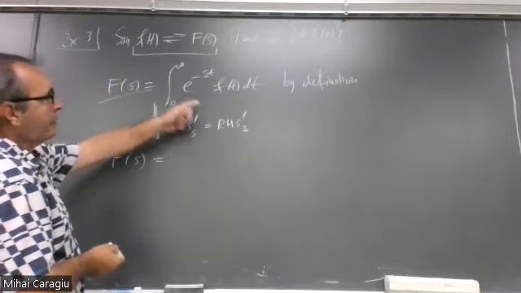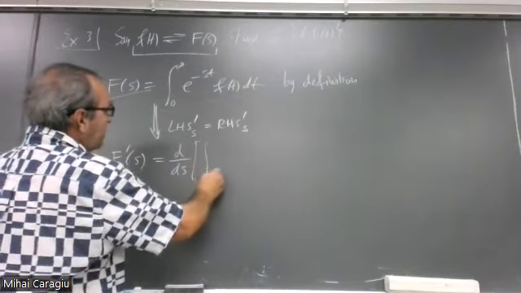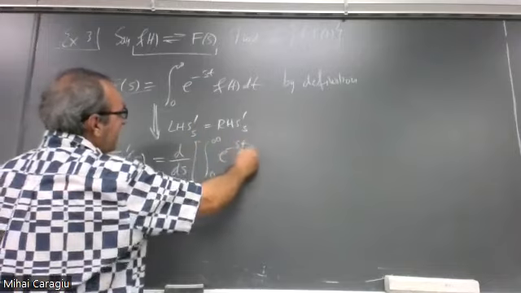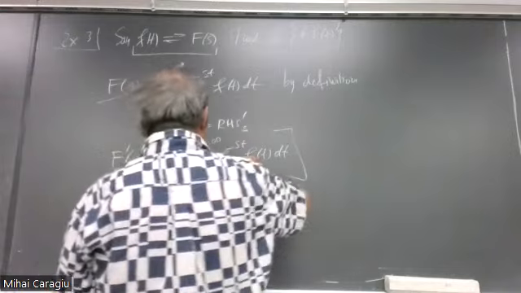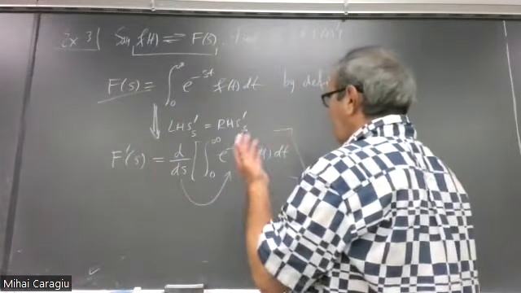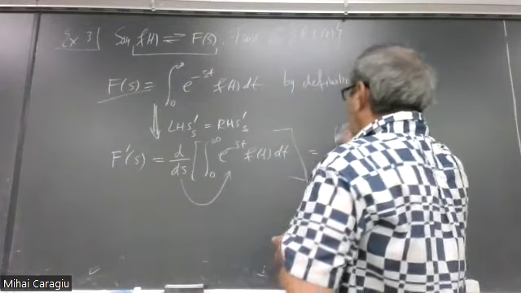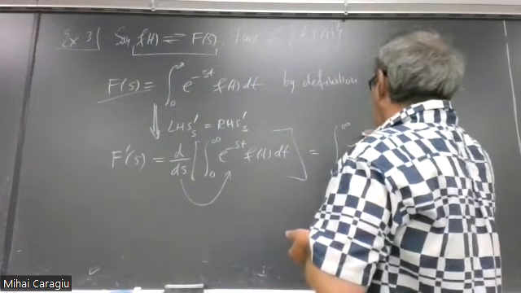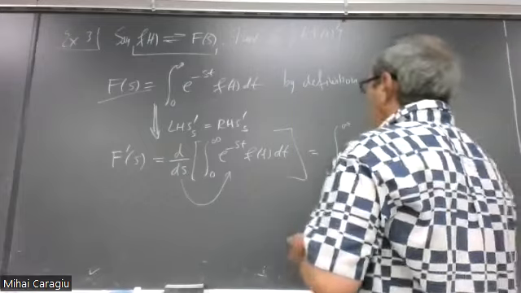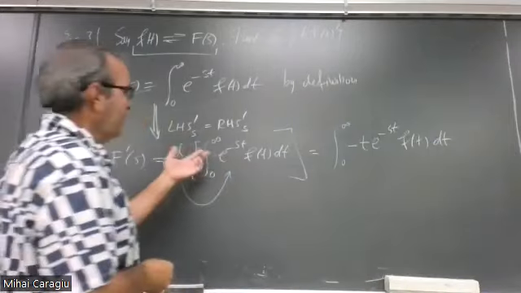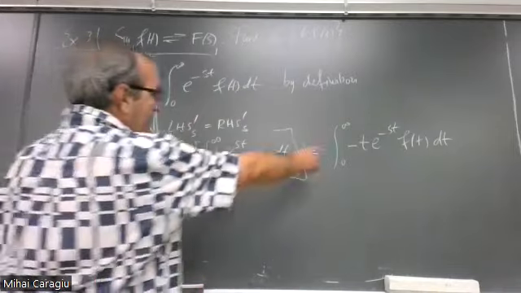Well, we differentiate inside with respect to the parameter s: d over ds times the integral from 0 to infinity of e to the minus st f of t dt, which, by the formula we discussed last time, is the integral from 0 to infinity of minus t e to the minus st small f of t dt, because d over ds of e to the minus st is minus t e to the minus st. Okay, so let's pull the minus from here to here.